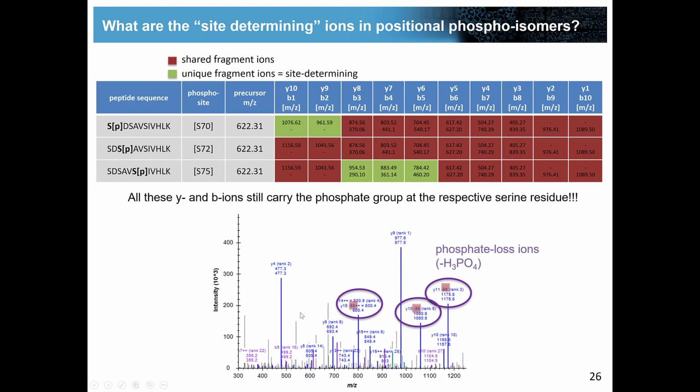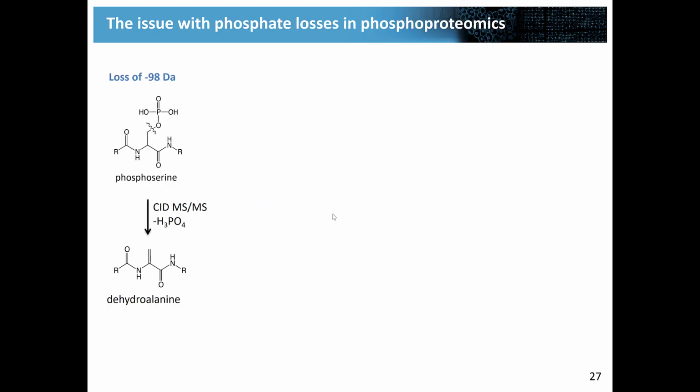And what these phosphate loss peaks mean is that in these cases here, fragmentation of the peptide has not only occurred in the peptide backbone, but also the phosphate group at the side chain has been fragmented off. So this is demonstrated here.